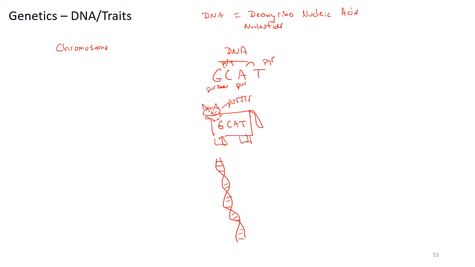That twisted up ladder has bonds on the rungs of the ladder, like the steps of the ladder. There's 2 sides to it. If there's a G on one side, there's a C on the other. If there's an A on one side, there's a T on the other. It looks like a random sequence of these things, and there's hundreds of millions of these in your DNA, but it's not random. The whole structure is super important.